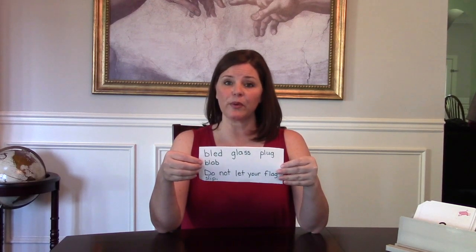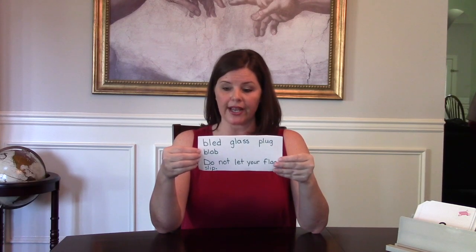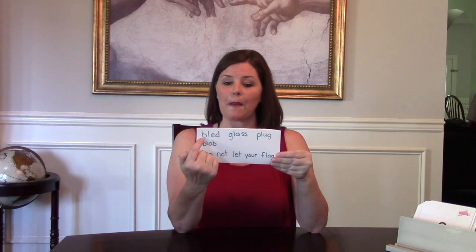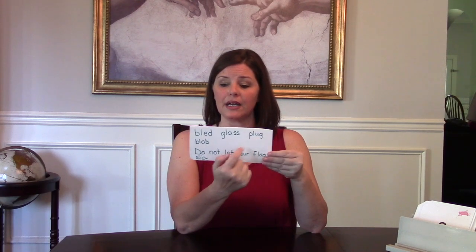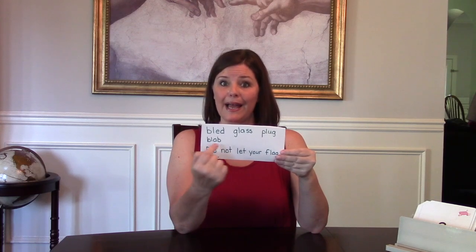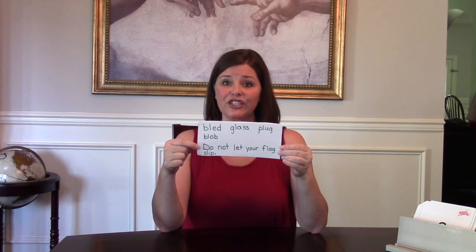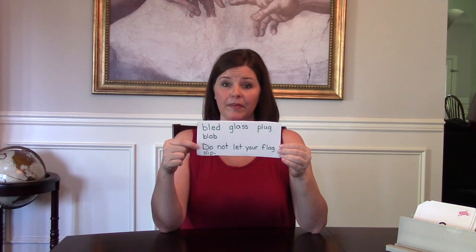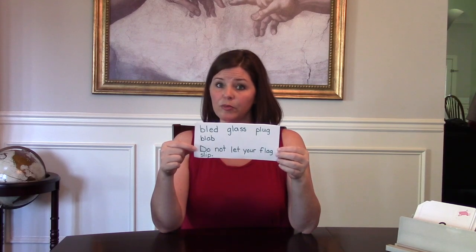All right, first we want to read the words and the sentence, and then we'll go back and we'll check. Our first word was bled, glass, plug, blab. And our sentence was, do not let your flag slip. Now I want you to check, did you use the right L blends?